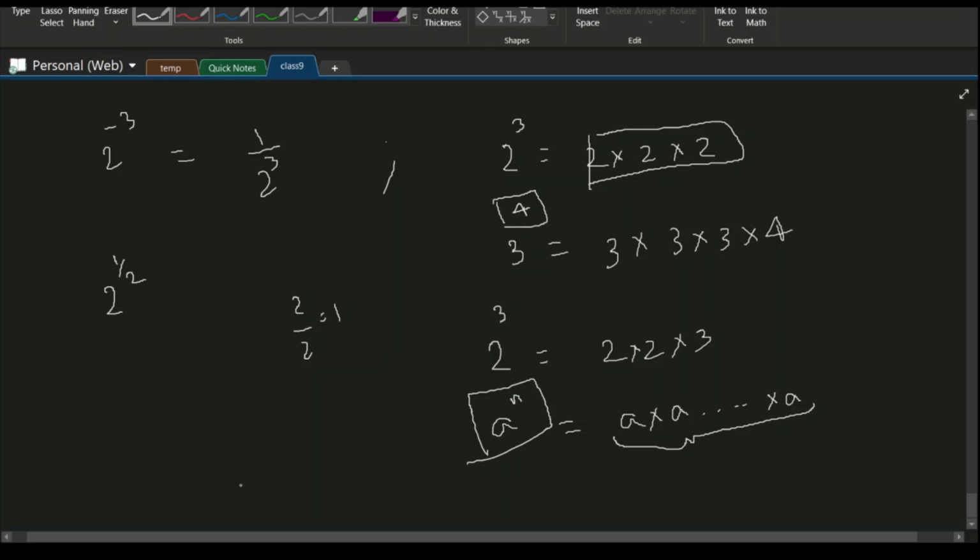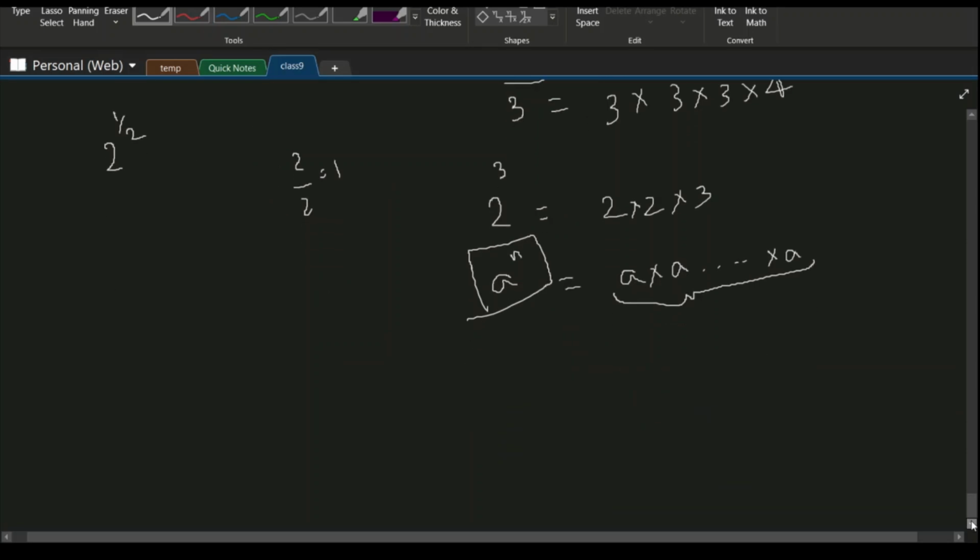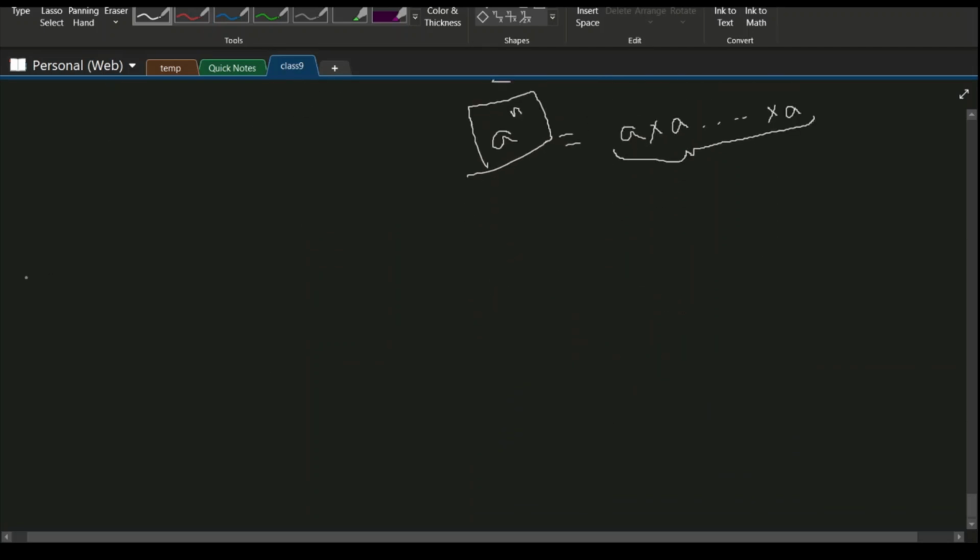But for fractional powers, we define things in a different way. Okay. So for fractional powers, let's look at this new definition.